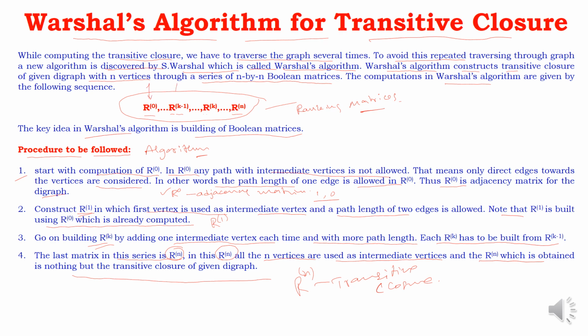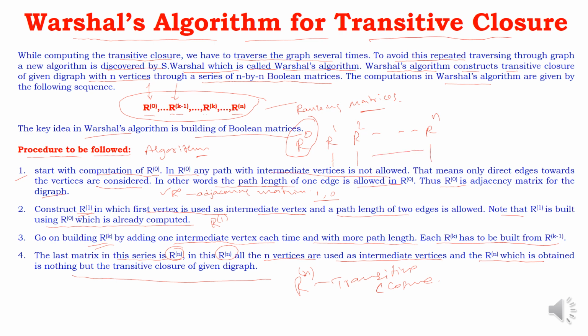Then we assume one vertex as intermediate, next two vertices as intermediate, next three vertices, and so on up to n vertices as intermediate vertices. All these are ranking matrix 0, ranking matrix 1, ranking matrix 2, up to ranking matrix n.